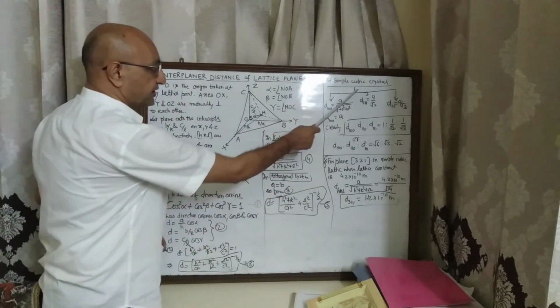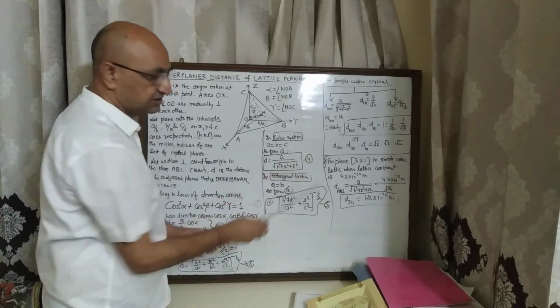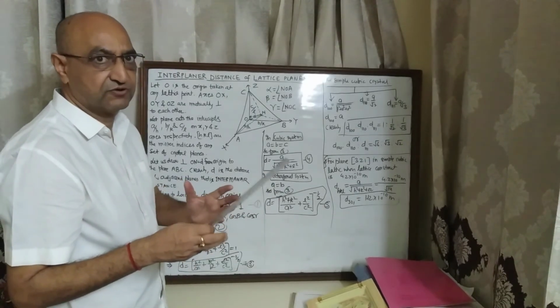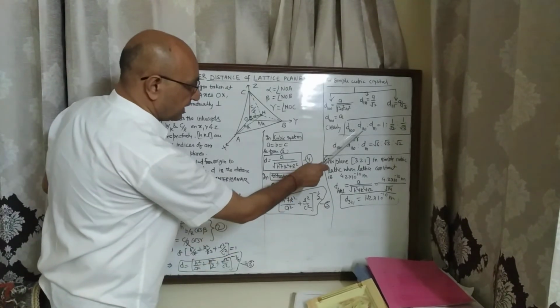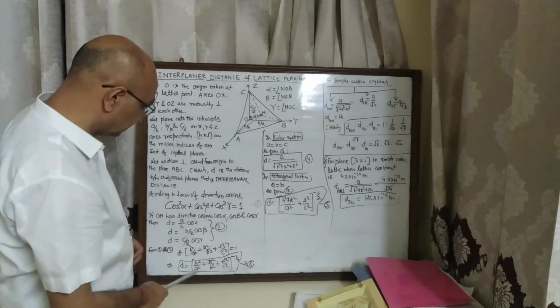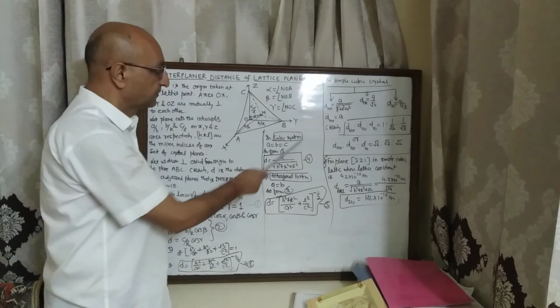For a simple cubic crystal, 100 is the Miller indices for one plane, 110 for another, and this is 111. So this is the formula for the simple cubic system.